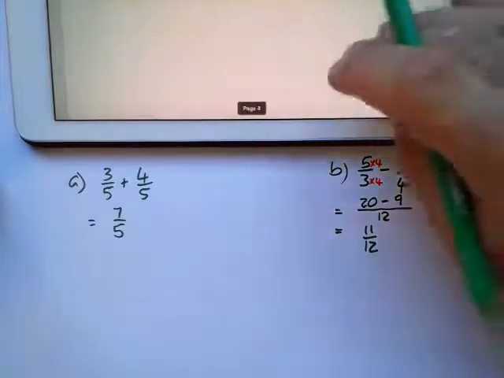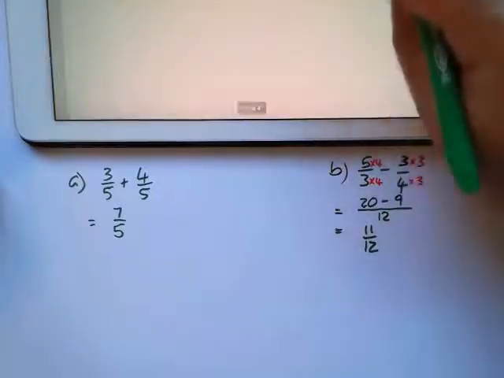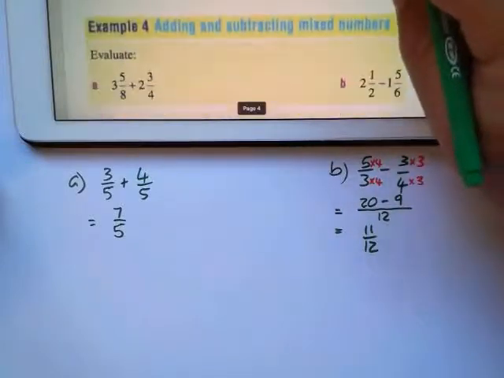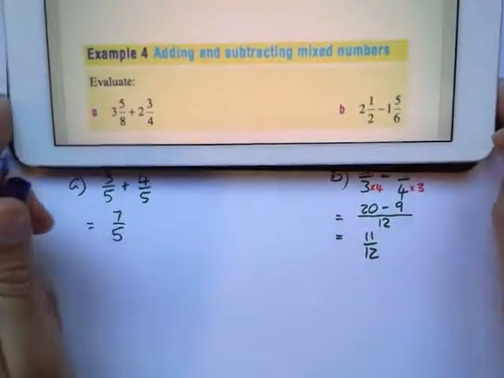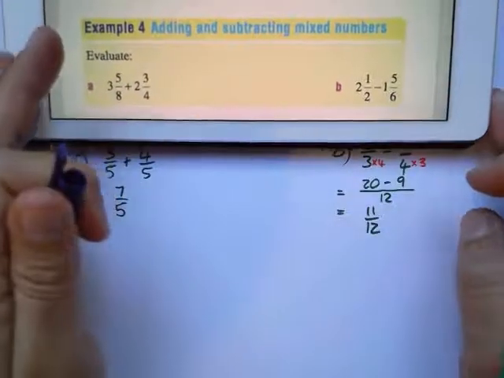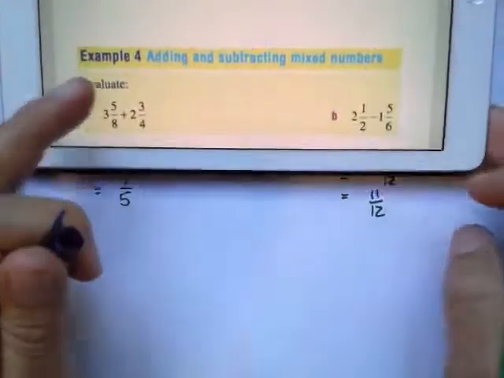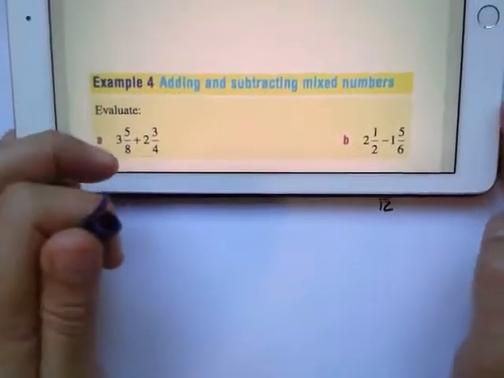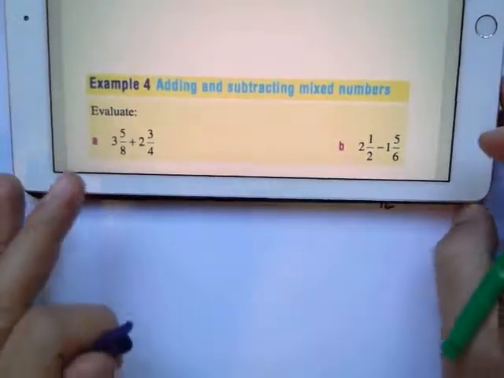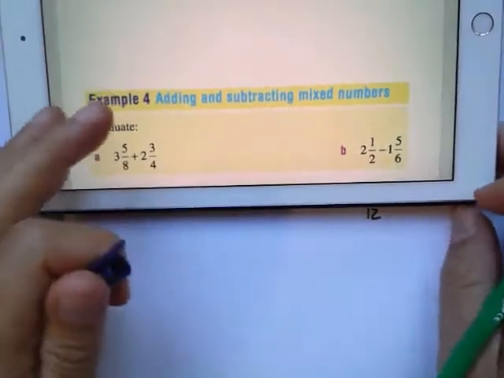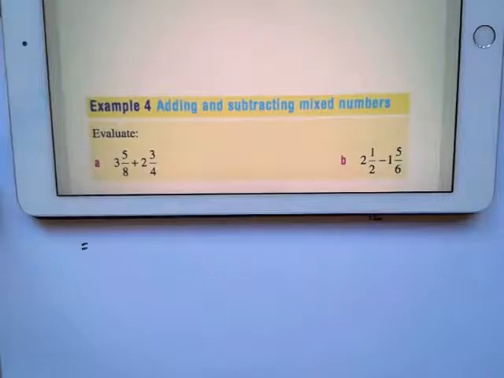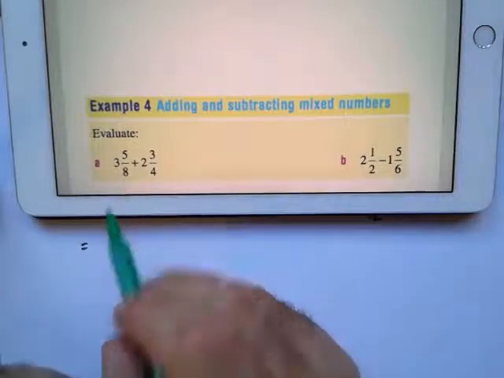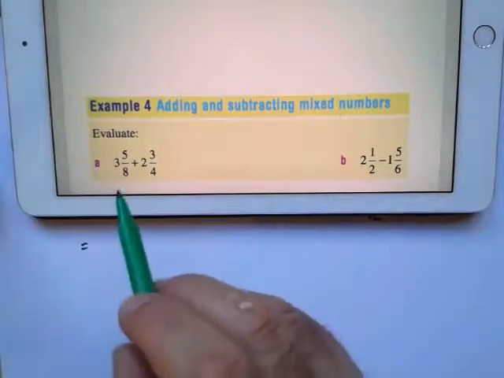In the next example, we need to add and subtract mixed numbers. Now, don't even try to do this any different way than what I'm going to show you now. Right from the word go, we are going to change that. So what I'm going to do is, my first step is change this to an improper fraction.